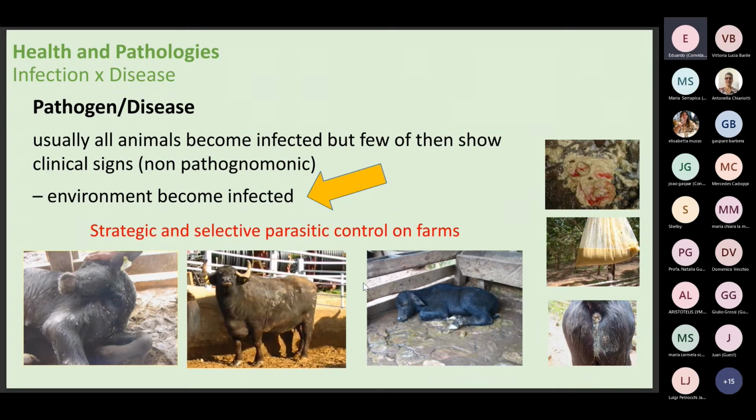So if the environment becomes really infected, and that's very common in the corral or in the pasture, the animals become exposed to a very big number of pathogens. So we need to care about the environment. When we discuss epidemiology, animal health, and disease, we need to understand the impact of the environment on the challenge of the animals. Okay, so please move on, another one.